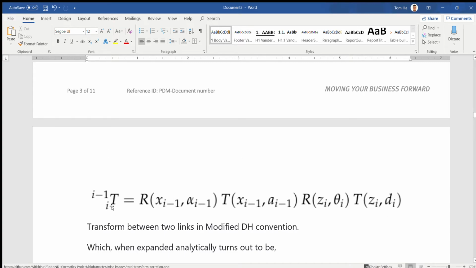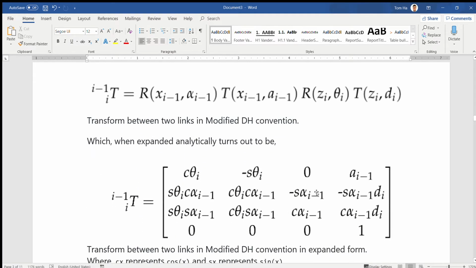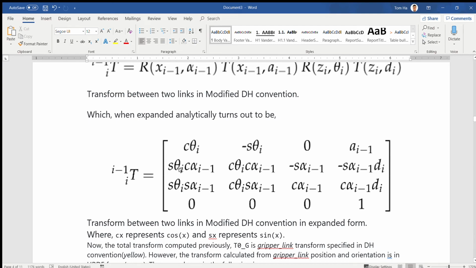You get the homogeneous transformation matrix right here, the result. For the 2 frames you have cosine theta i; S means sine and C is cosine. And this transformation matrix is really useful for us to know the location and the orientation matrix right here.